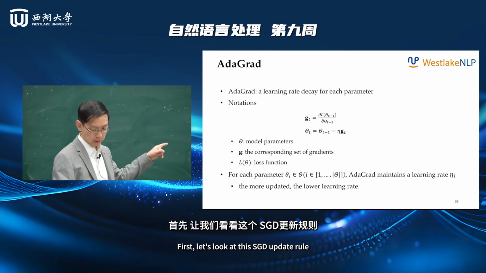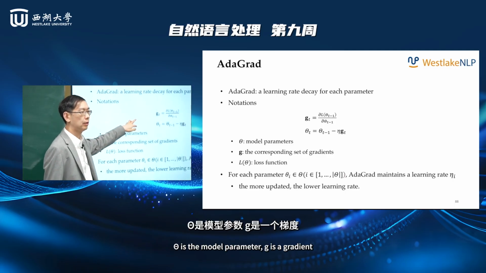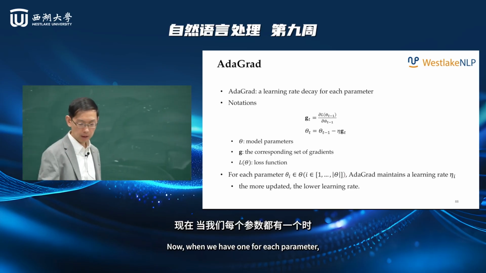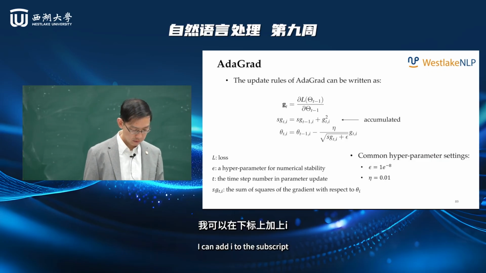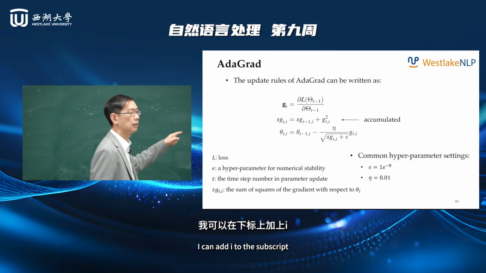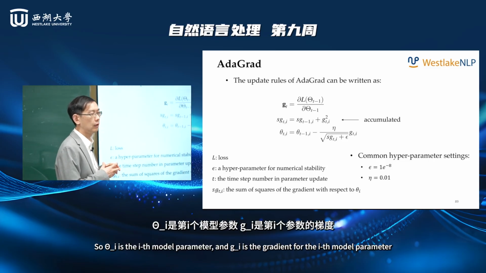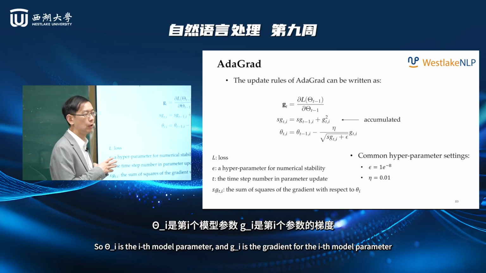First, let's look at this SGD update rule. Theta is the model parameter, G is the gradient. Now, when we have one for each parameter, I can add i to the subscript. So theta i is the ith model parameter. And G i is the gradient for the ith model parameter.